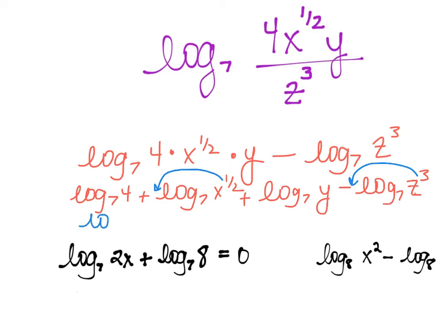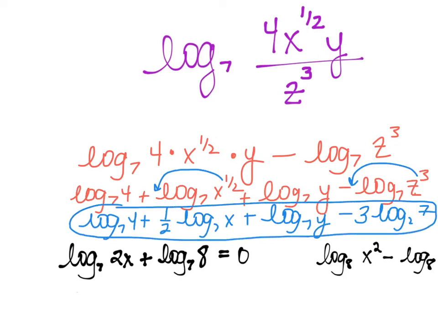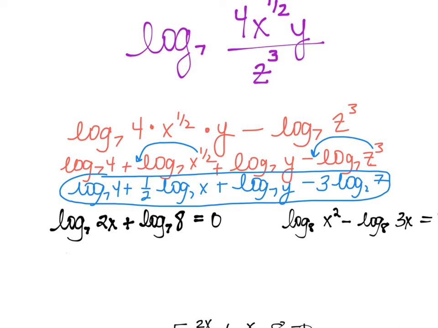So this would be log 7 of 4 plus 1/2 log 7 of x plus log 7 of y minus what? Minus 3 log 7 of z. Everything gets pulled apart. There's a lot going on in that problem. That's okay. You just follow the 3 simple rules.